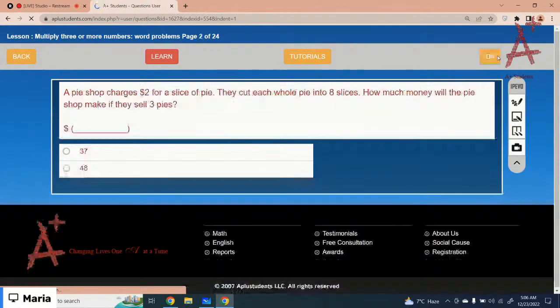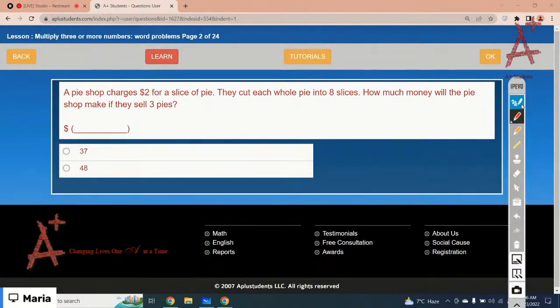Okay, the next one is a pie company charges $2 for a slice of pie. They cut each whole pie into 8 slices. How much money will the pie shop make if they sell 3 pies? Got it? So the total pies are 3 pies. Each pie has 8 slices and each slice costs $2. So that means you have to do 2 times 8 times 3.